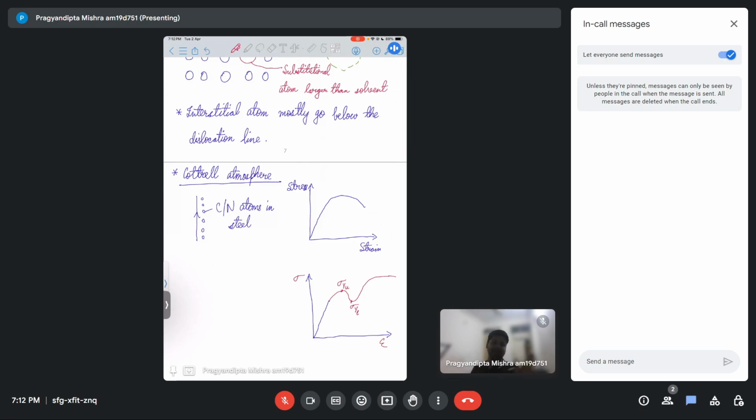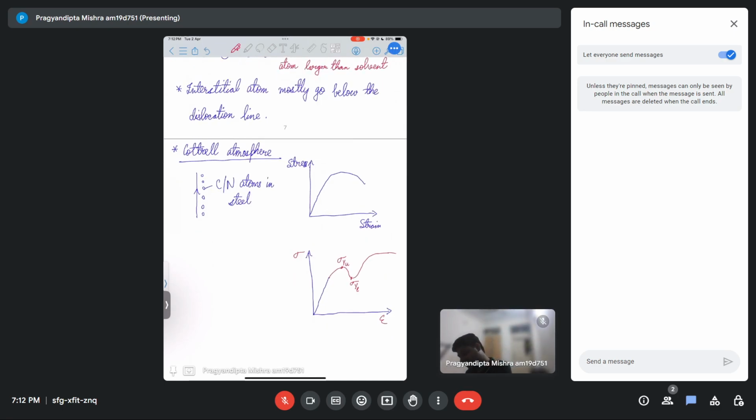In order to pass through that Cottrell atmosphere, you have to apply an extra amount of plastic deformation, which will ensure that the dislocation bursts through it, and once they burst through that, the dislocation can flow slowly and the yield stress holds down. Okay, so that is what it is about the Cottrell atmosphere.